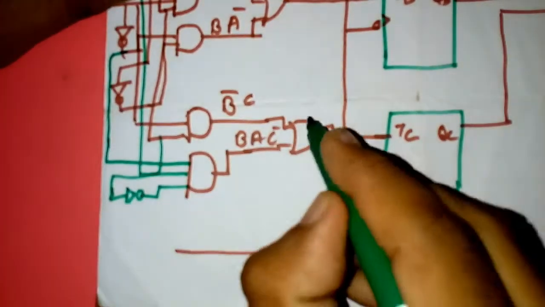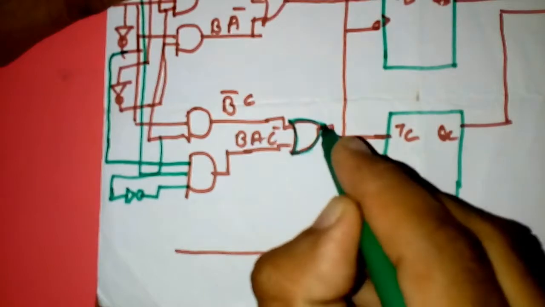So B A C bar is connected with the OR gate.